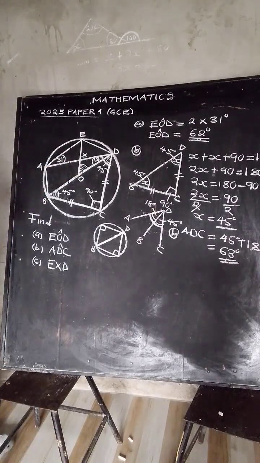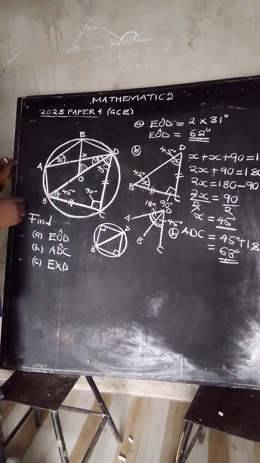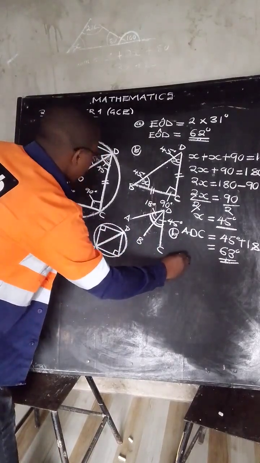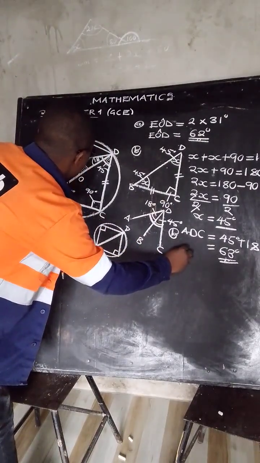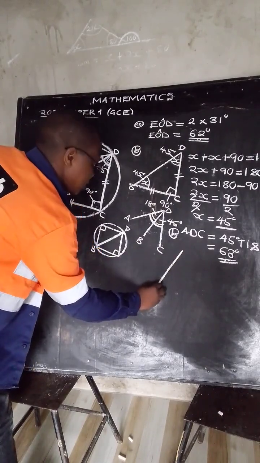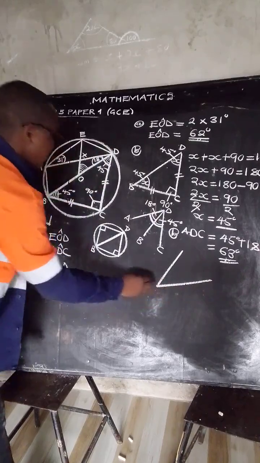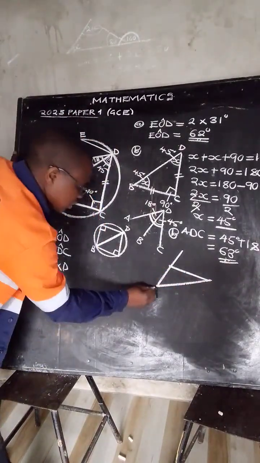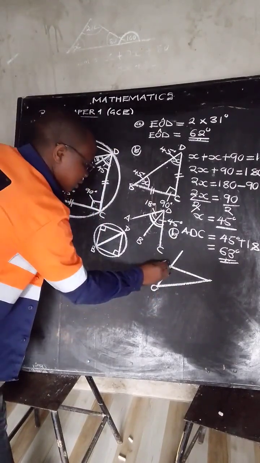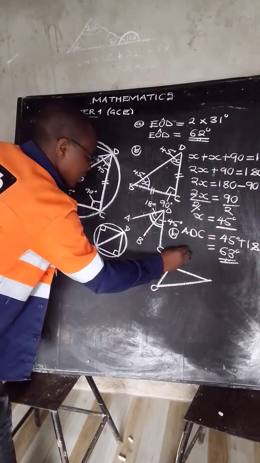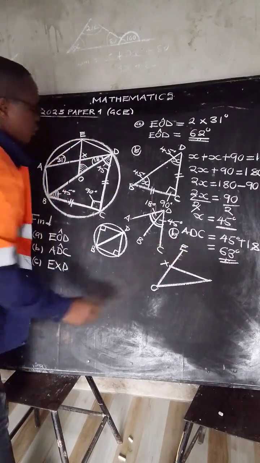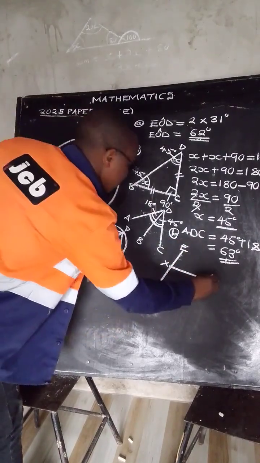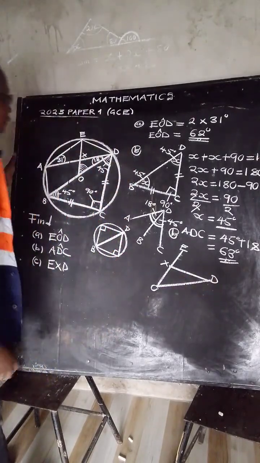Now, for us to find this small angle, guys, we have a situation like this where we have this line, and then we also have this line, also this line. Where this is O, this is X, this is E, and then this is D.